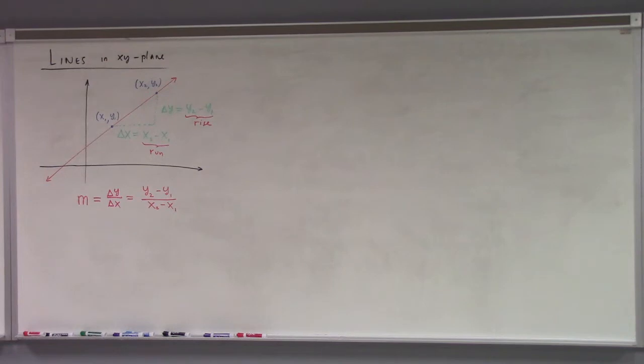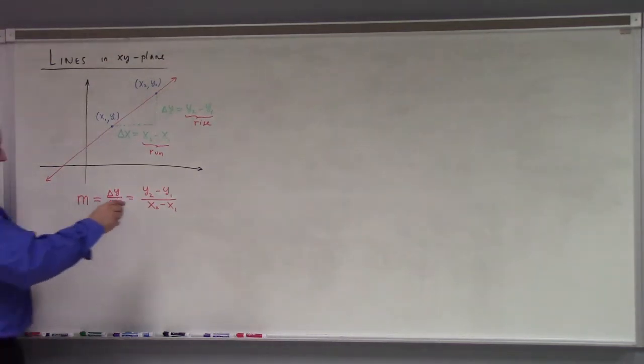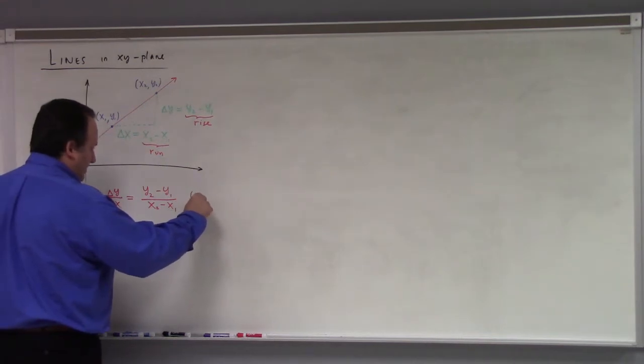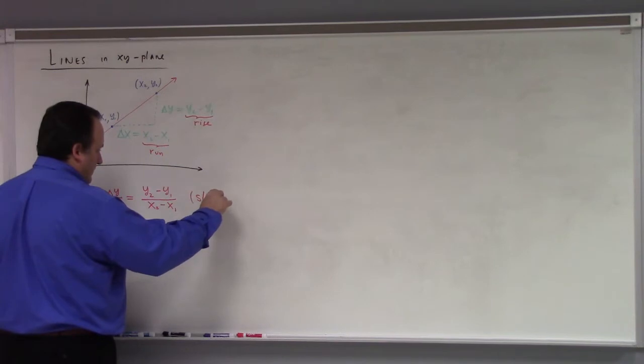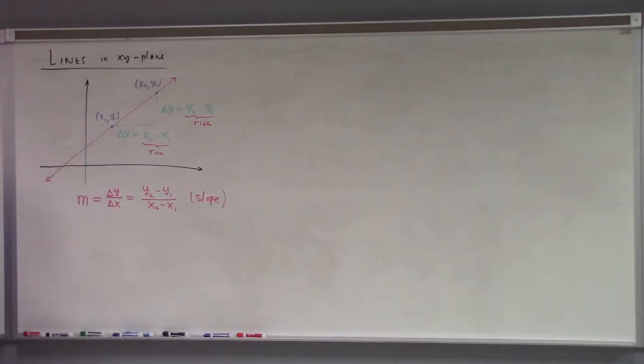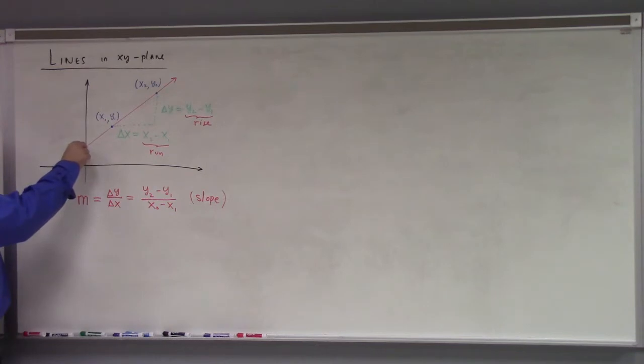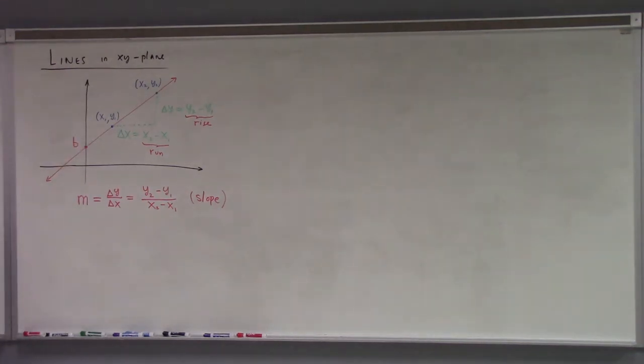So what is this called? This is the so-called slope. This is the slope of the line. Now, if I had this point right here, the value on the y-axis, what would we call this? This is usually denoted by b, the y-intercept.